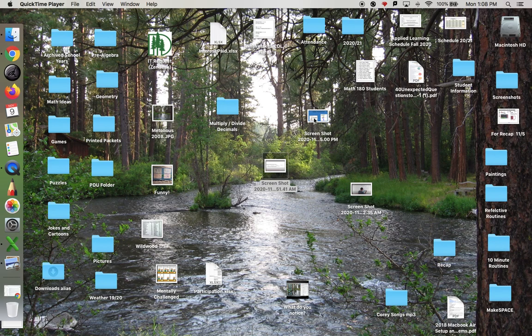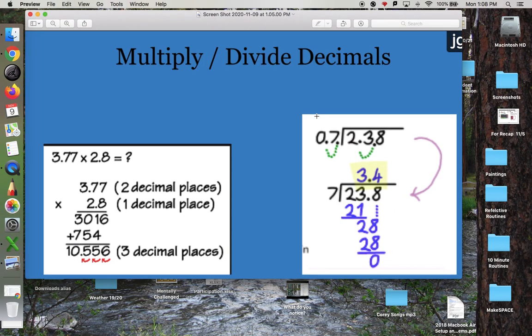So today we started working on multiplying decimals, and we had a bit of an introduction, Jeopardy style, and then students took notes on how to multiply, for example, 3.77 times 2.88, and we talked about the advice of ignoring the decimal.